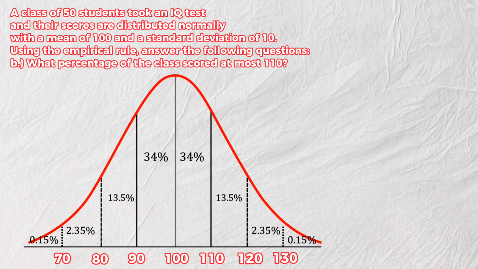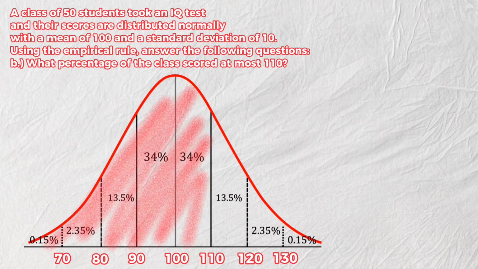Next question. What percentage of the class scored at most 110? At most means the highest score they got is 110. For this, we are going to get the percentage of intervals from 110 down to the lowest score.